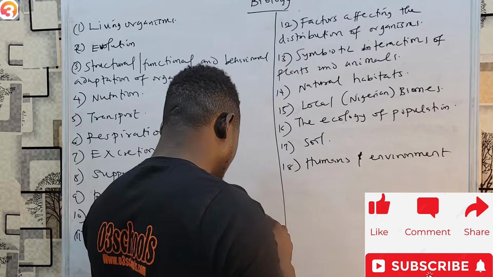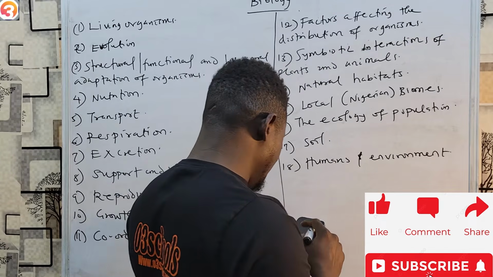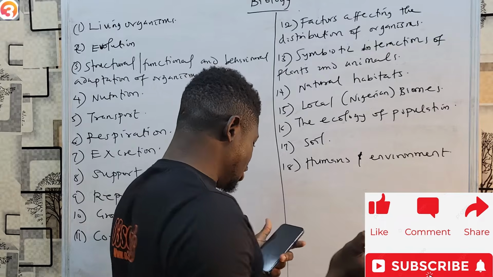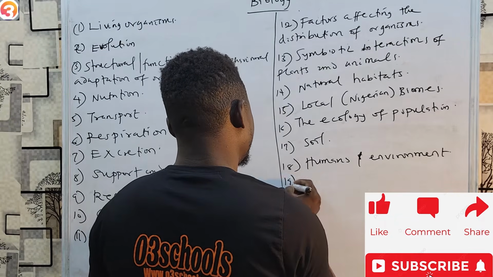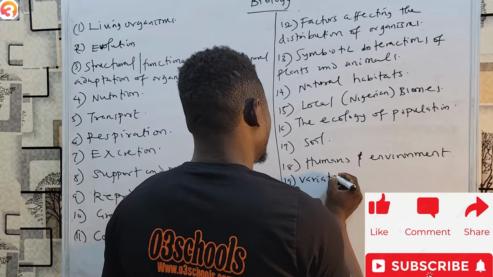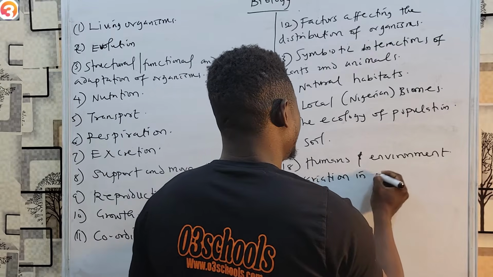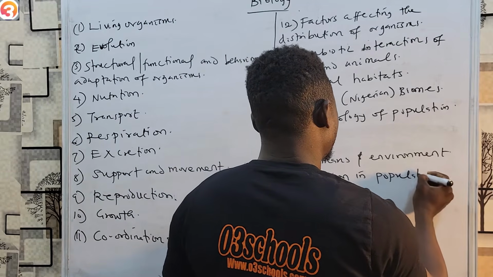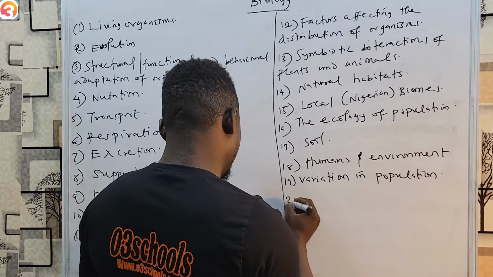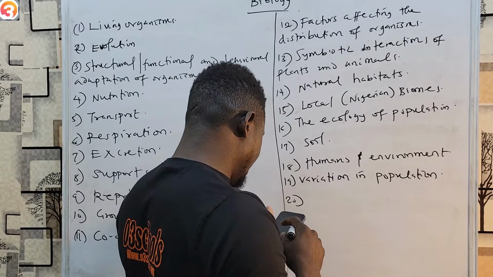Right? Then the 19th topic is variation in population. Then number 20, look at heredity.